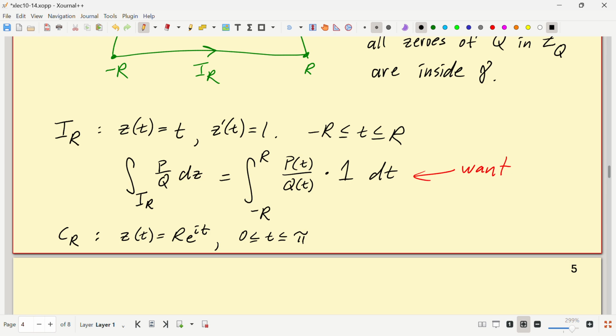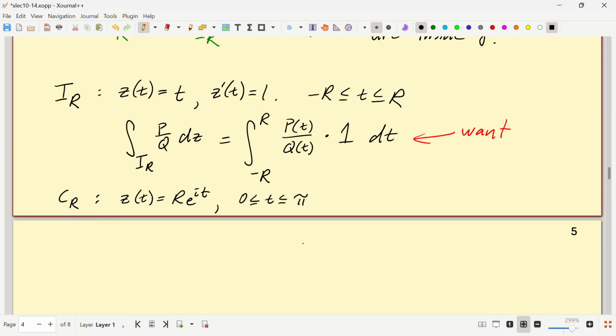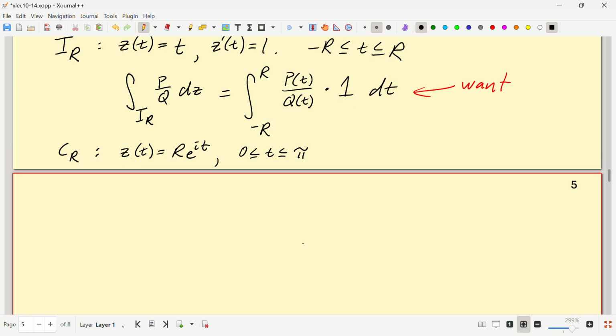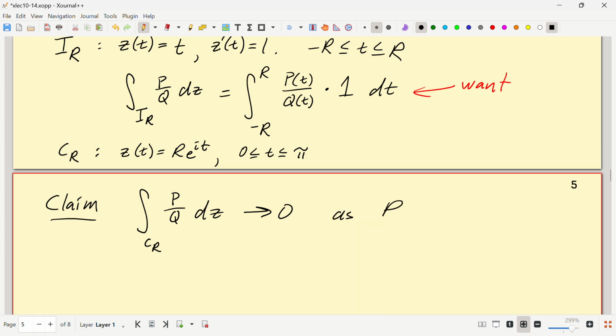I don't have to parameterize, though. I'm going to use the basic polynomial estimates. So I claim now that the integral around C sub R, P over Q dz, tends to 0 as R goes to infinity.